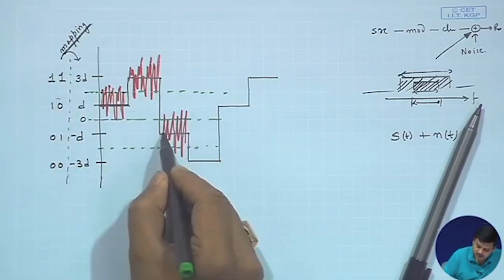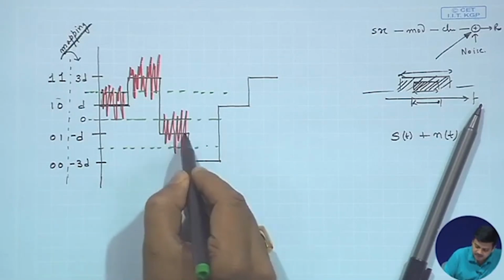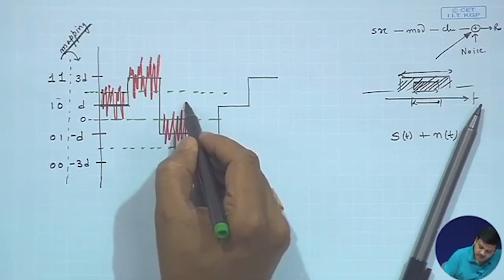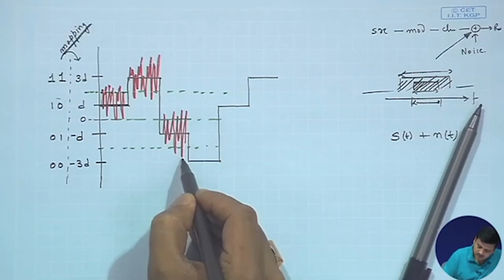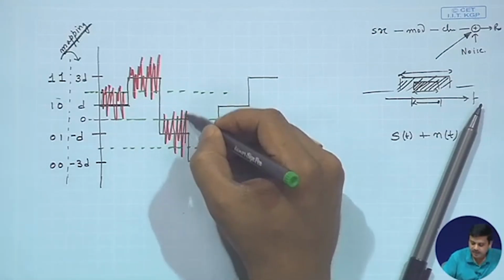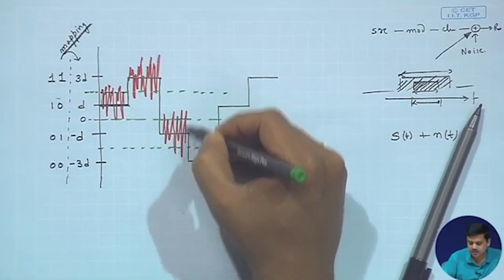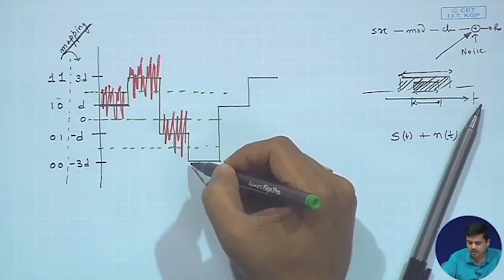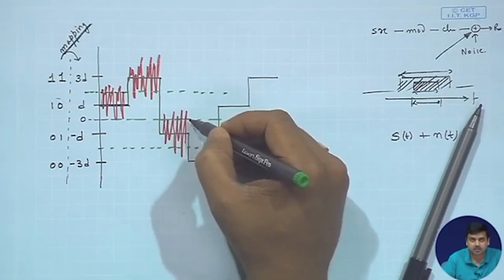Similarly, here you have sent minus D, however, it could be detected as plus D or it could be detected as minus D, depending upon whether noise has shifted this level in the upward direction or downward direction beyond the threshold.